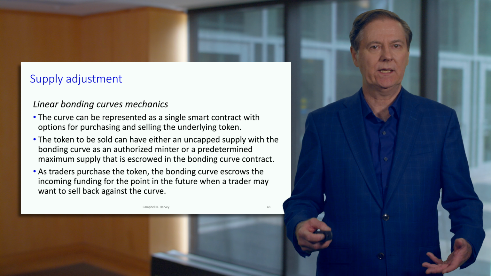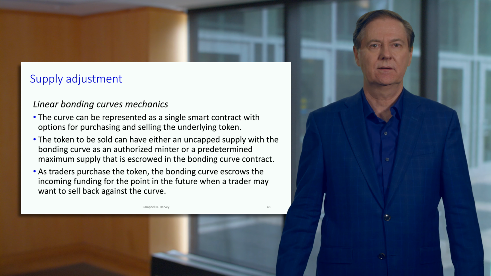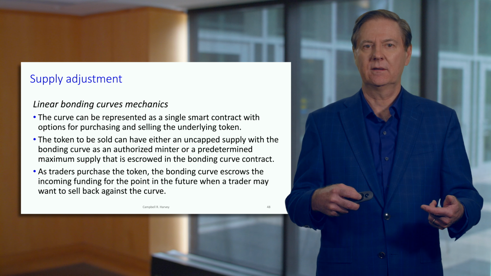Just to be clear here, this is a smart contract. This isn't trading with a broker. This isn't trading on Coinbase. We're essentially doing an exchange here. We're buying a token, and we're swapping Ethereum for the token and the token for Ether.